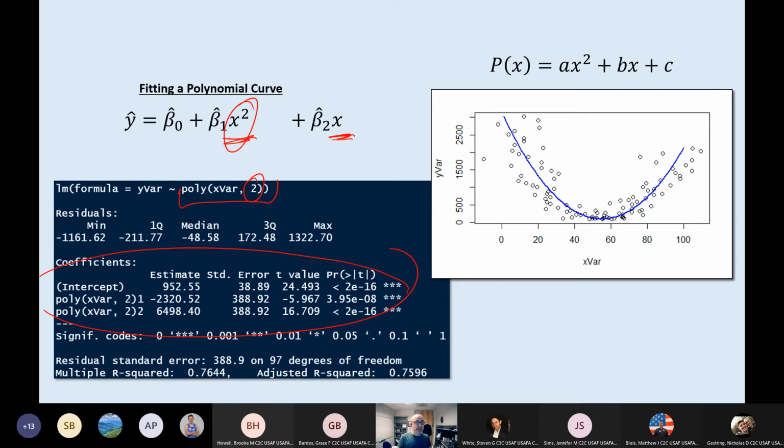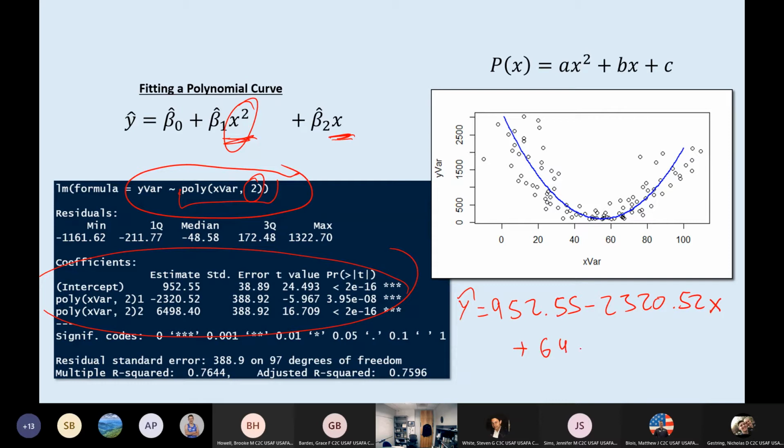You should understand by looking at that output that since the call was to do a regression of the y variable versus the polynomial version of this, what that output represents is a regression equation that is y hat equals 952.55 minus 2,320.52 x plus 6,498.4 x squared, because that was the second term, second degree of the poly, right?